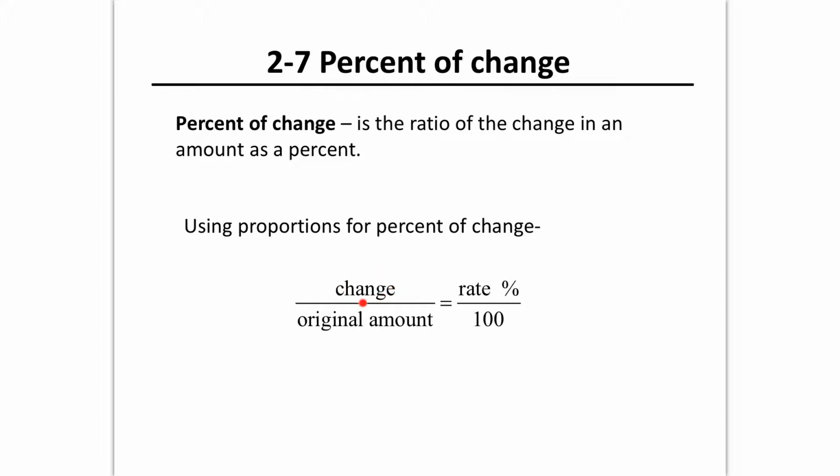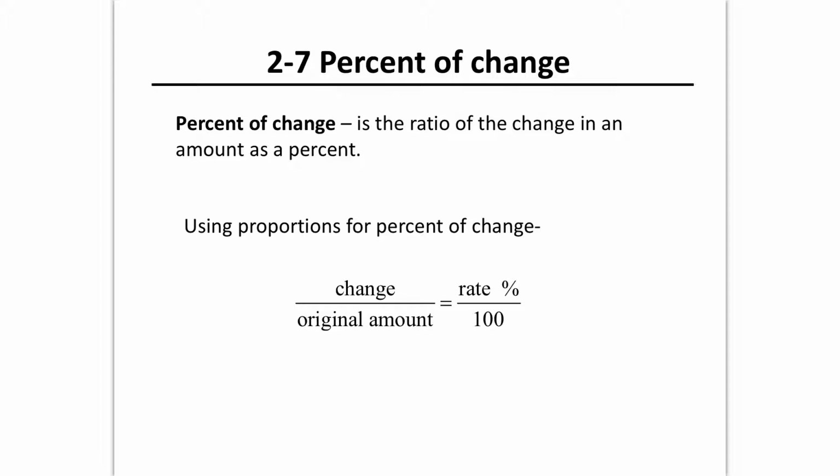So what is the change of price and or the amount? On the bottom of the change, you have the original amount, and that's going to equal the rate that it increased, it went up, or decreased, it went down, and over 100. Now we use 100 because that's the 100% that represents the value or the amount of an item.